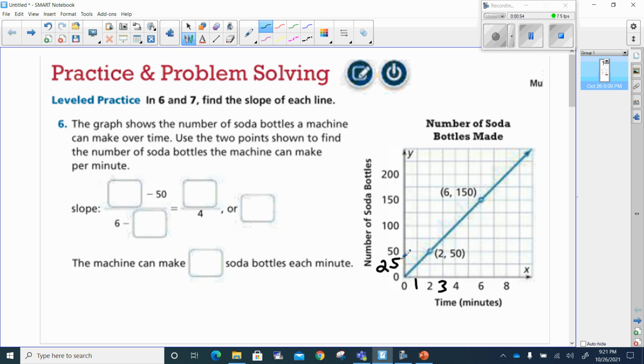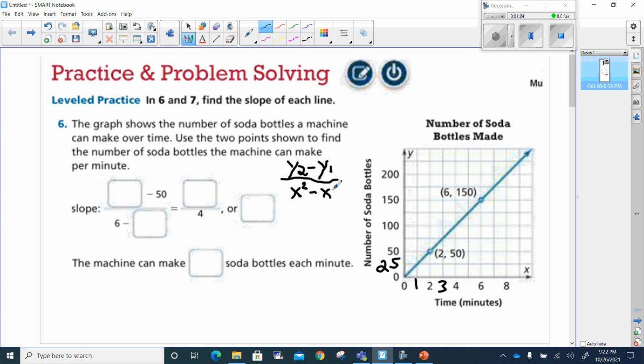So now we've got the unit rate, okay? So the slope here is what? To find the slope, we have to take the 2 points given to us, all right? So the formula for this is y2 minus y1 over x2 minus x1.